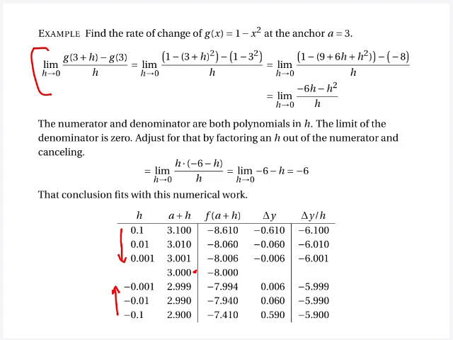And then we looked at delta y over, again, it was delta y over delta x earlier, but now it's delta y over h. And we asked ourselves, what's the trend? If you looked at this numerical example, you would say the trend is to be -6. And of course, the trend fits perfectly with what we found algebraically.